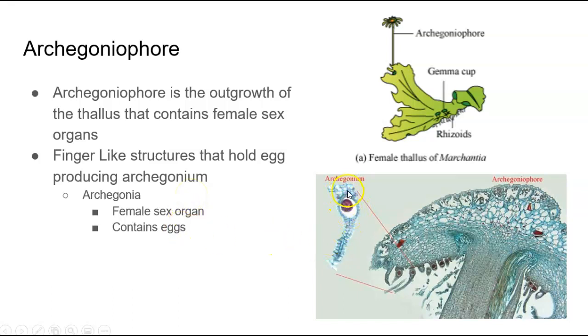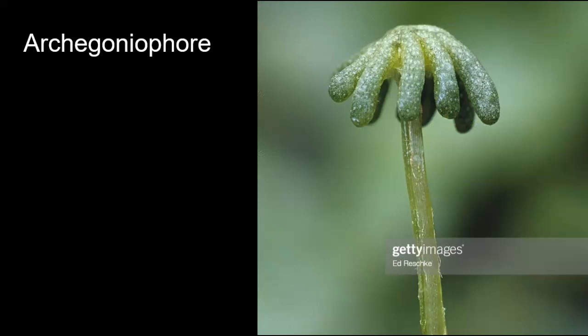So within the archegonium, right here, you could see the egg. So the sperm is going to have to travel down this tube and come over here to fertilize the egg. And when you look at it, the archegoniophore looks like this. Sort of umbrella shape, sort of has these finger-like projections.